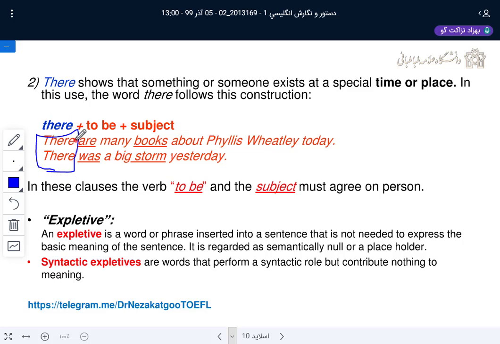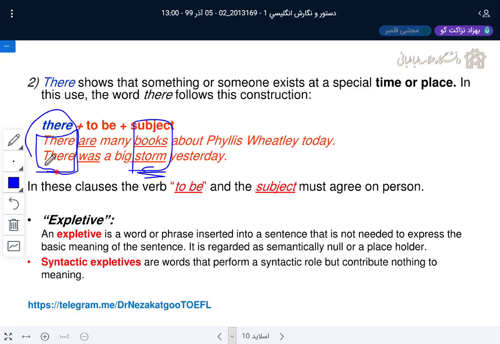In the sentence we have one grammatical subject and one logical subject. There is a grammatical subject, but the logical subject is books, is storm. So this is conveying the message. This is contributing to the meaning.